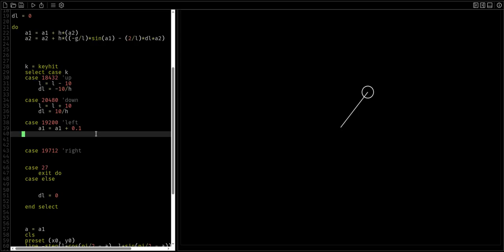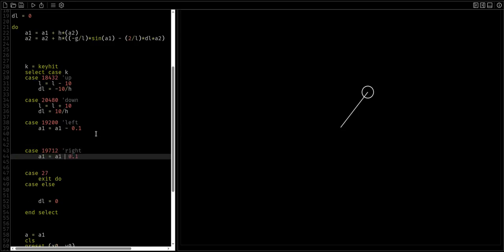So left is minus. And our derivative of A1 is A2, of course. And this just becomes, again, rise over run.